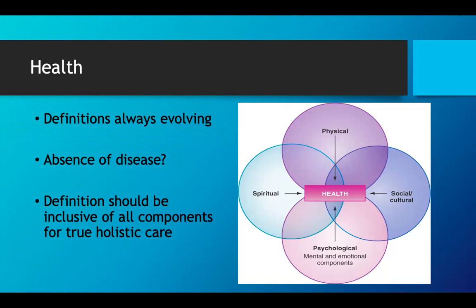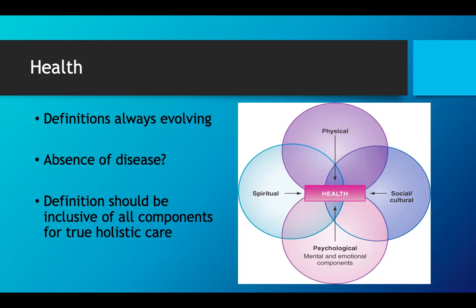In 1948, the World Health Organization defined health as a state of complete physical, mental, and social well-being. However, this does not account for the spiritual dimension of a person. As you see in this diagram here, as a nurse practitioner, we encompass all dimensions of the human being: the physical, the social, cultural, the psychological, and the spiritual piece to health.